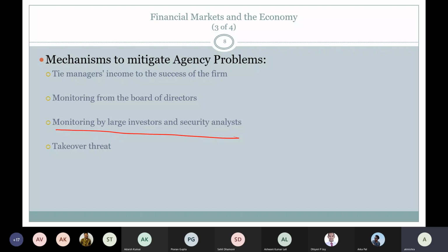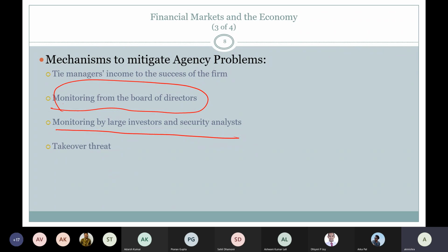They send their representative to the board to monitor what exactly is happening. So the second point we just talked about is the internal mechanism within the firm. And if that is also not working, then outside investors can also put some kind of monitoring mechanism in place to ensure that the agency problem has been minimized to a large extent.